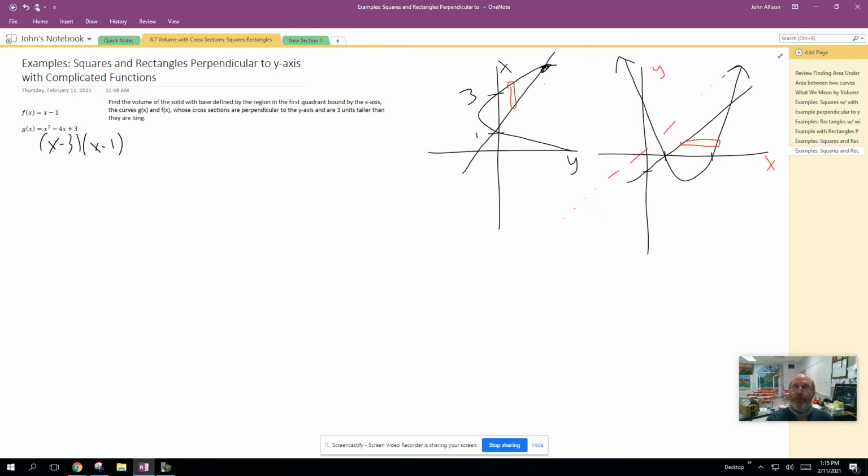And now I need to figure out what this y value is. And to do that, I'm going to set these two functions equal to each other, x minus 1, and solve so I can get both points of intersection. I know one of them is going to be at y equals 1. When I subtract x from both sides, I get x squared minus 5x. And when I add 1 to both sides, I get plus 4. So this is going to be x minus 4 times x minus 1.